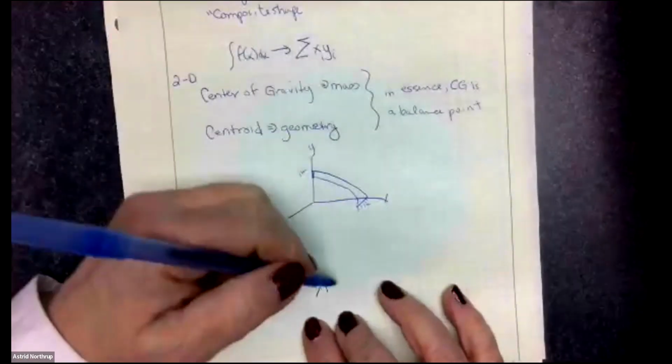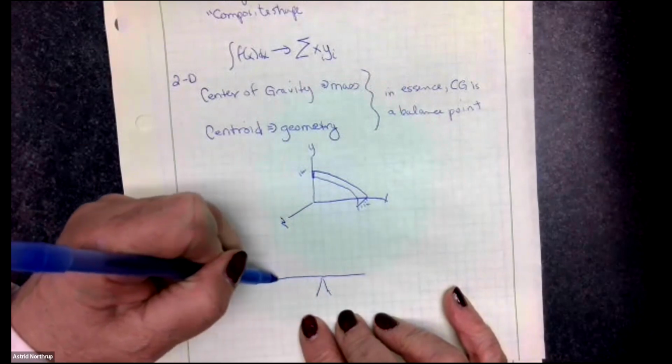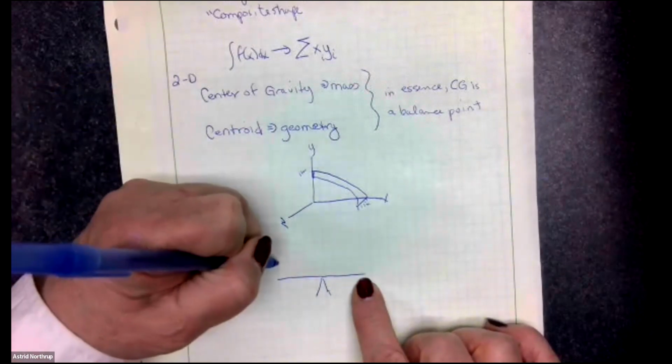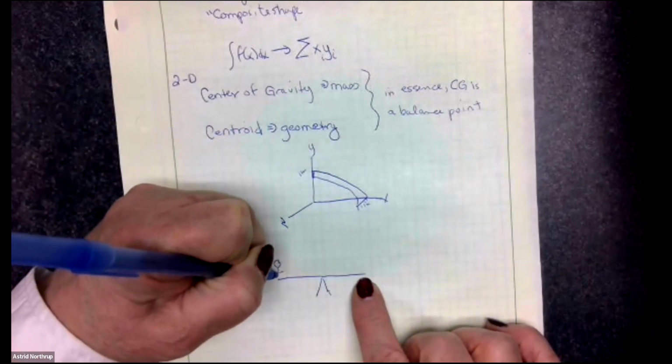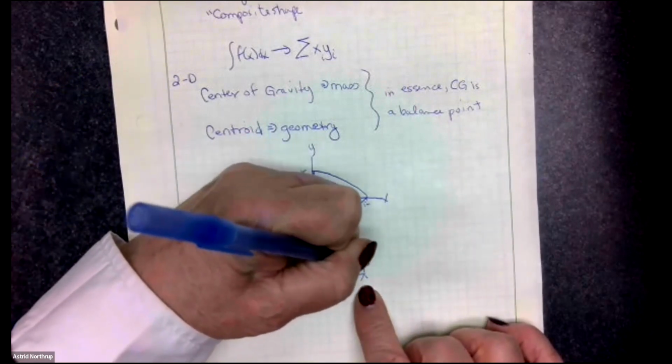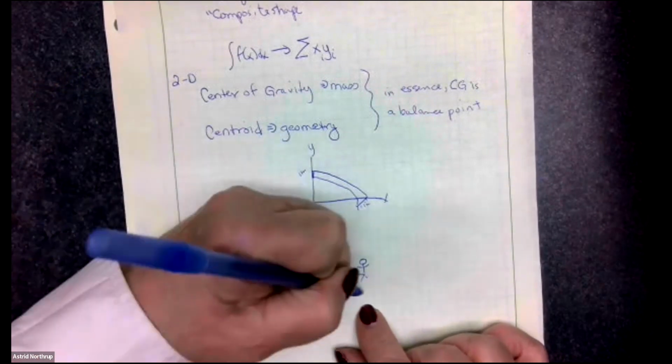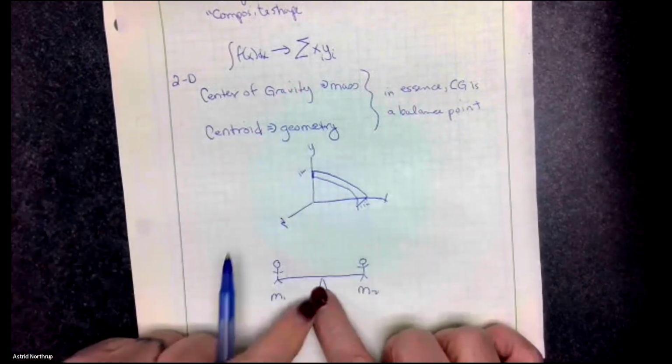I'm gonna get up here. If we have an old-fashioned teeter-totter on a playground, and we have two children of equal mass or equal weight, one on each side of the teeter-totter, if the mass of child 1 equals the mass of child 2, this teeter-totter will be perfectly balanced right here in the middle.